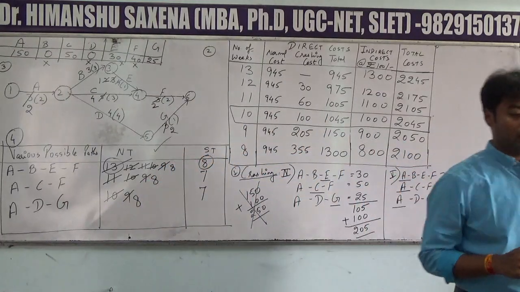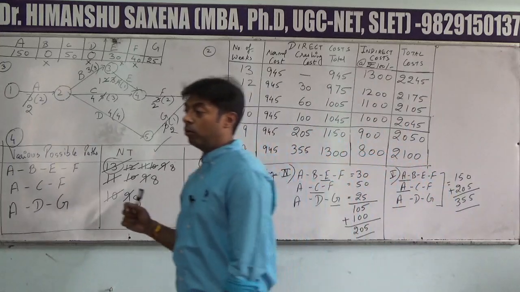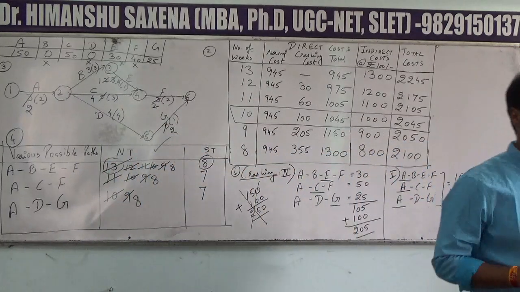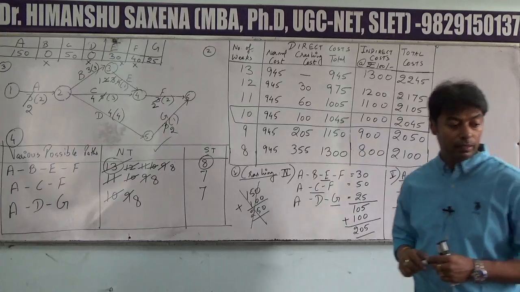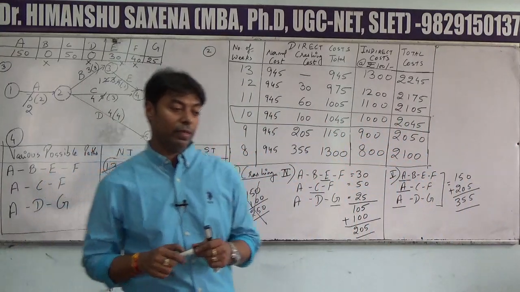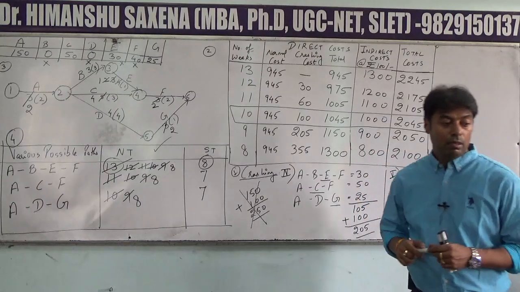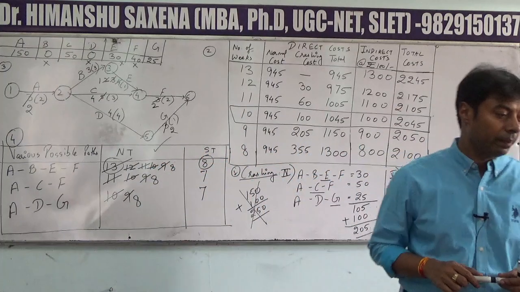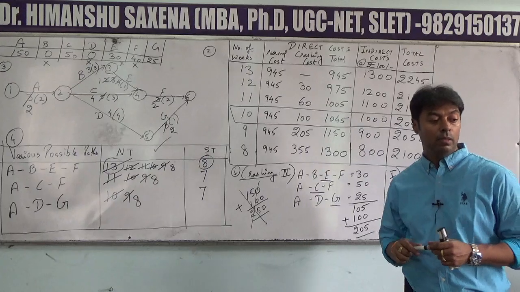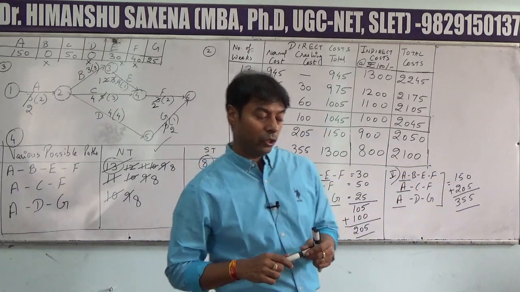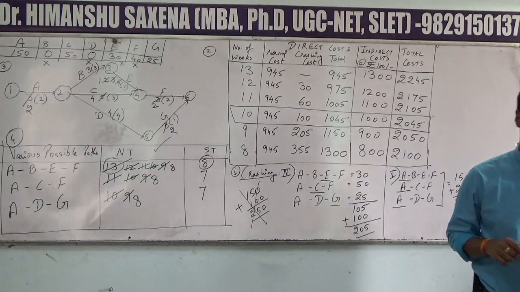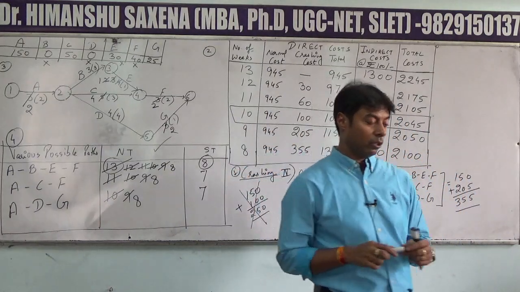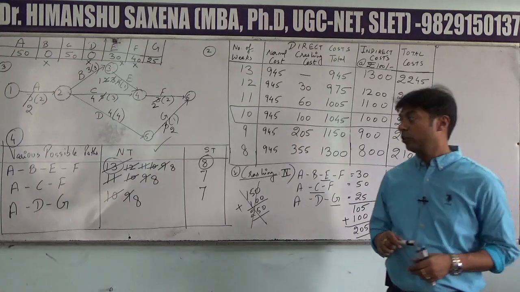Since the total cost is minimum in the 10th week, that is rupees 2045, therefore the project should be crashed till, or the project should be reduced.